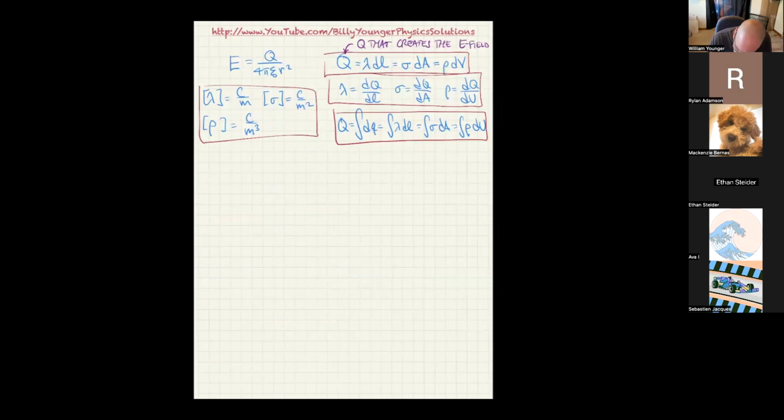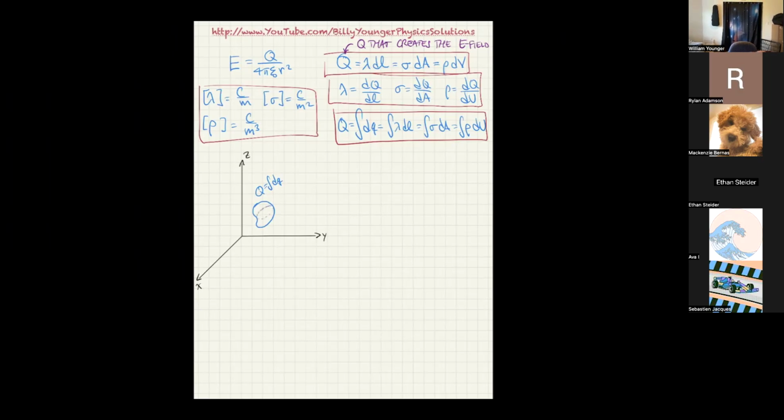So what we're going to do now is draw another coordinate system just to make it all sit in our head nice and neatly. This is my x-axis, this is my y-axis, this is my z-axis. And I am going to take a blob of charge, q, which equals the integral of dq.